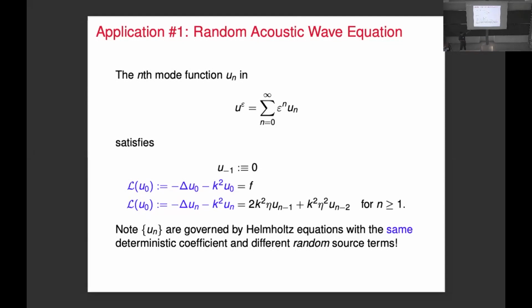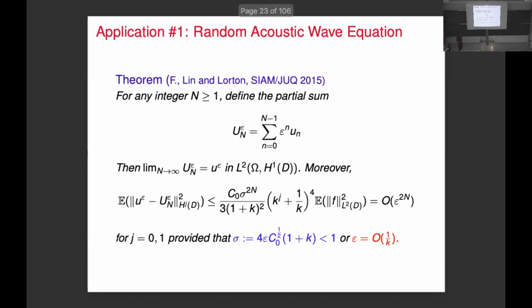Then you choose your favorite discretization method to discretize the Helmholtz operator. And actually here's the theory. If you cut off at the first n terms, it can be shown that it converges strongly in the energy space. And also there is an error in the mean.